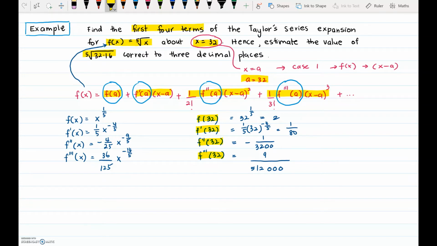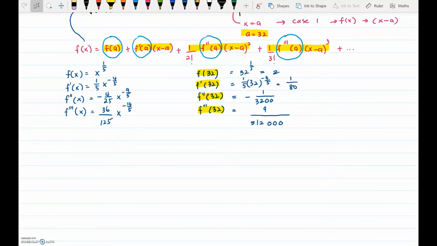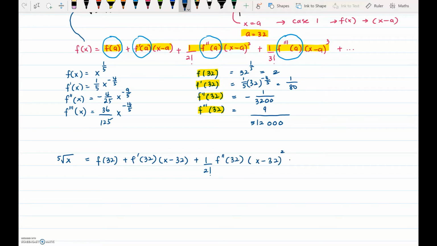Next, continue. You will substitute into your formula. So the formula that we will use: f(x) is x to the power of 1 over 5, or you can also write this as the fifth root of x, equals f(32) plus f prime 32 times (x minus 32) plus 1 over 2 factorial f double prime 32 times (x minus 32) squared plus 1 over 3 factorial f triple prime 32 times (x minus 32) to the power of 3 plus dot dot dot.